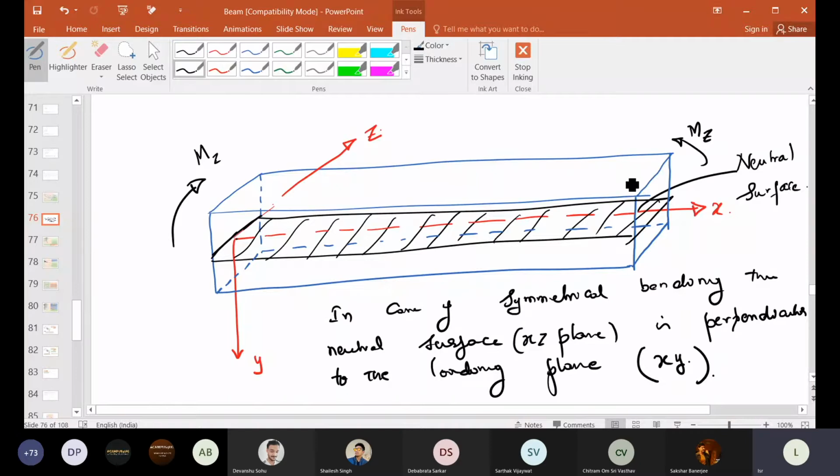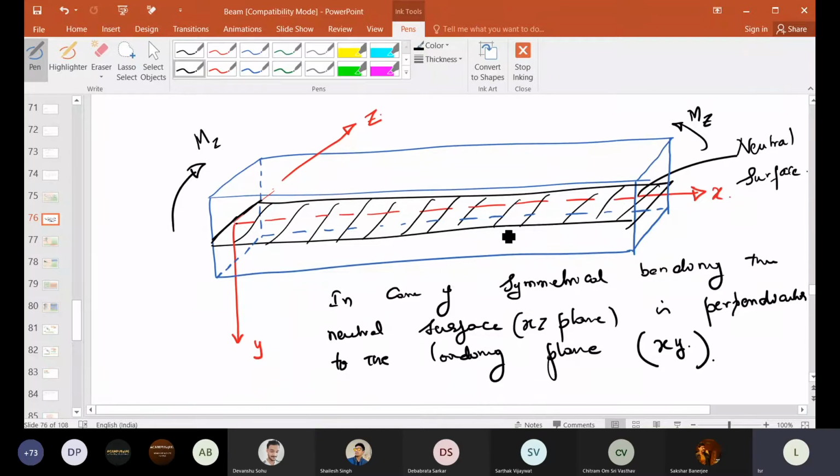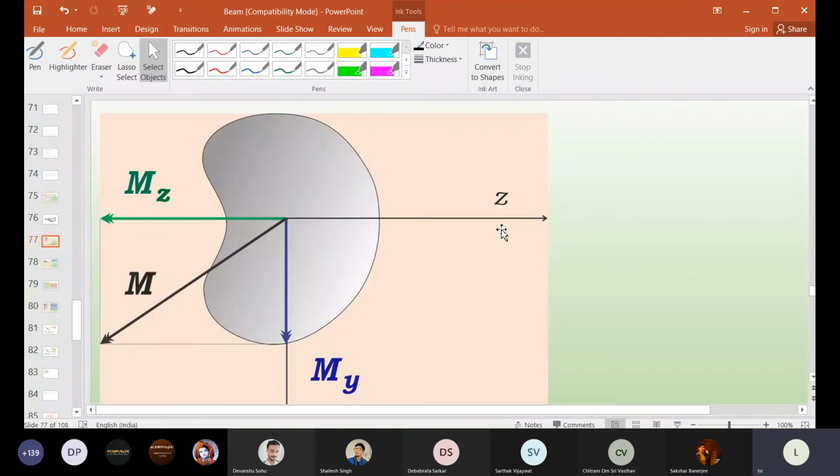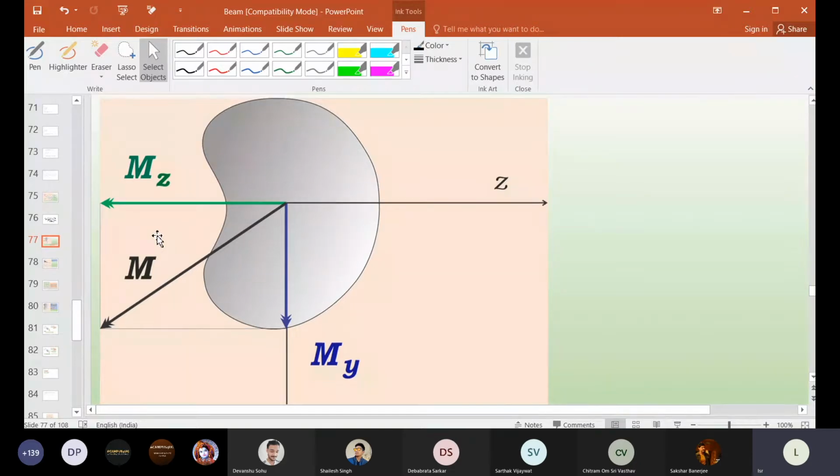Now we should find out what would be the case for unsymmetrical bending. We will assume the same thing, shown in 2D. We will make a very simple assumption: the moment is in this direction, and I take components of the moment along the y and z axes.